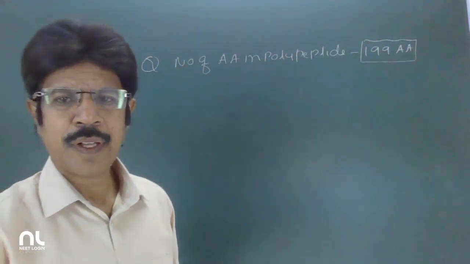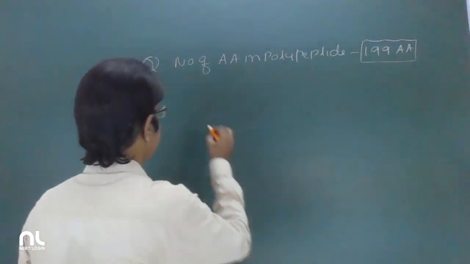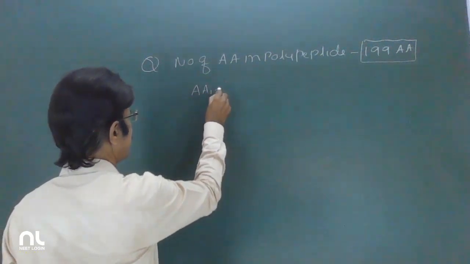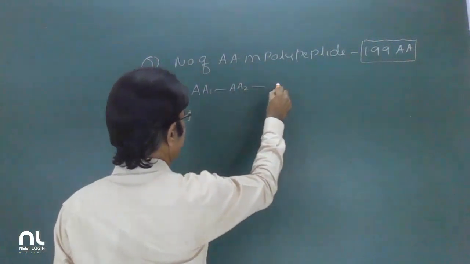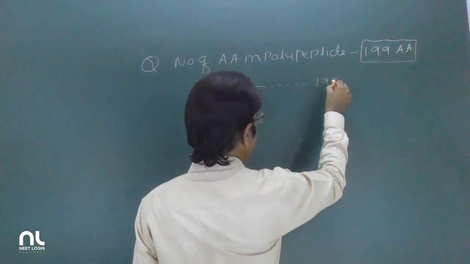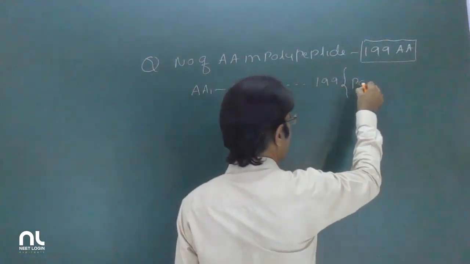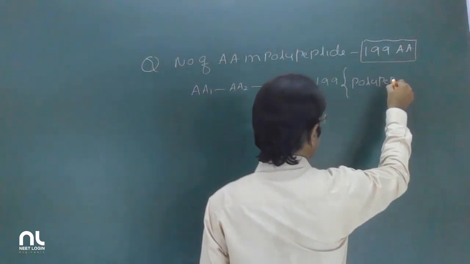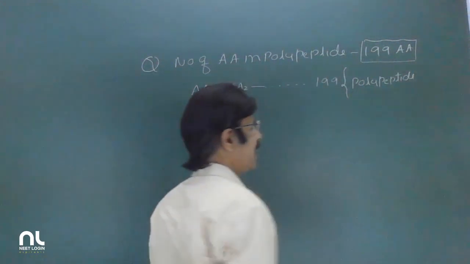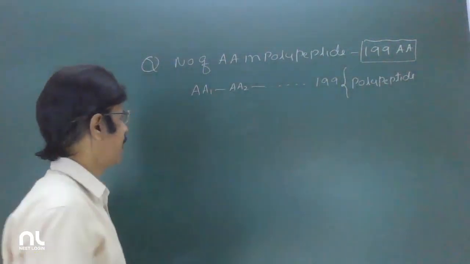In 199 amino acids, suppose amino acid 1, amino acid 2, like this up to 199, it is a polypeptide.